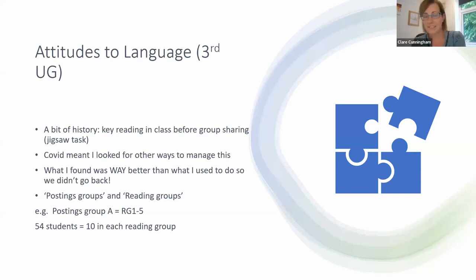I've always actually embedded the key reading for this module into class time. And that's because I wanted them to come to the class with a very blank slate, essentially, having not really thought about this particular aspect of attitudes to language, frankly, so that they could bring all their prejudice with them and we could explore what was going on in the class space.